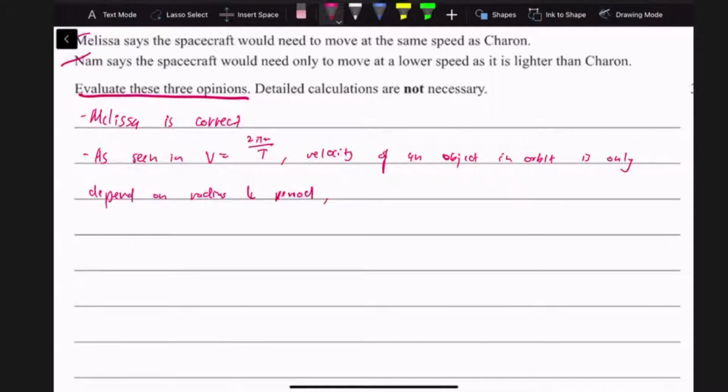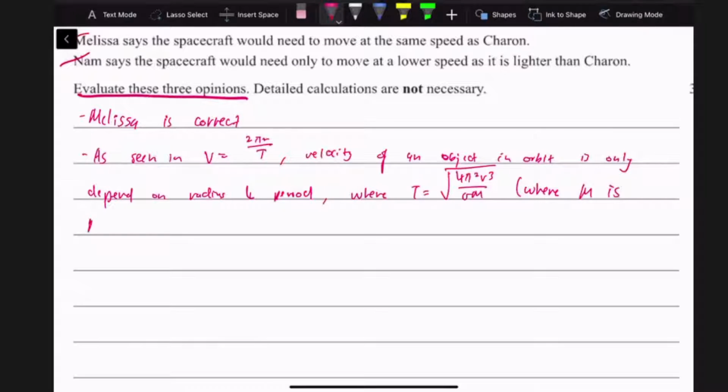And then you have to say that T is 4 pi squared r cubed on GM, because like just to further explain that in T there's also nothing about the mass of the spacecraft. So to further explain that, I would mention that M is the mass of the planet. So Charon, not the spacecraft.